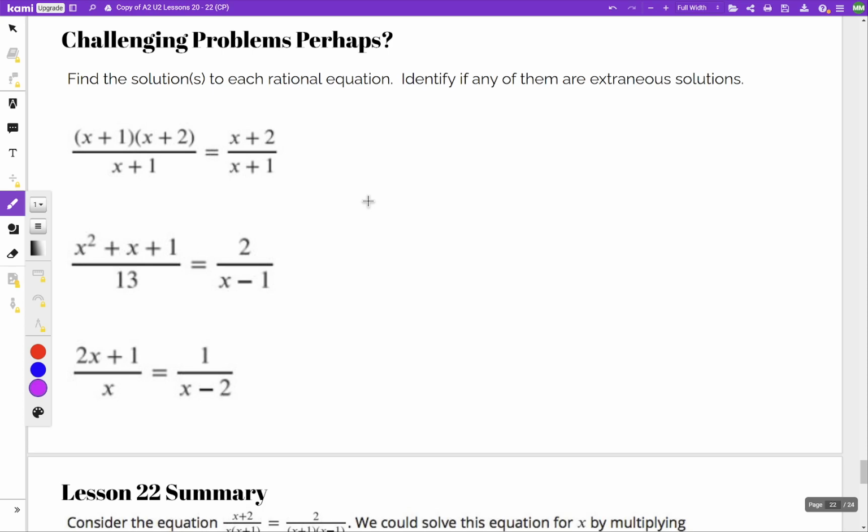Which one do we want to do? This could be interesting. That first one looks like it's going to be messy because you're going to multiply an x plus 1, an x plus 2, and an x plus 1. Do we want to tackle that one?